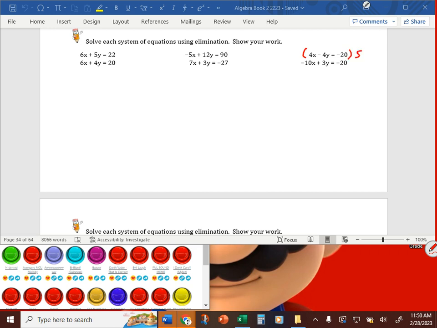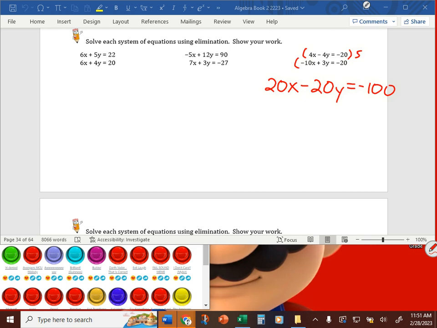Okay? So we do that, and our top equation becomes 20x minus 20y equals negative 100. Just remember, you have to multiply everything in the equation by whatever the factor is that you're using there. And remember, our goal here was to make these x's the same.